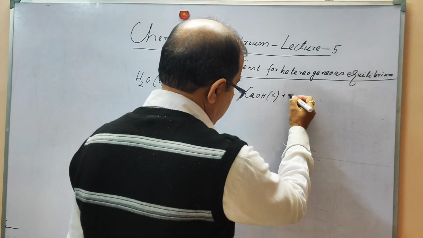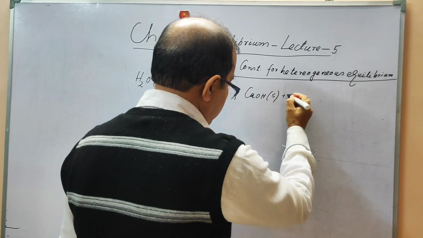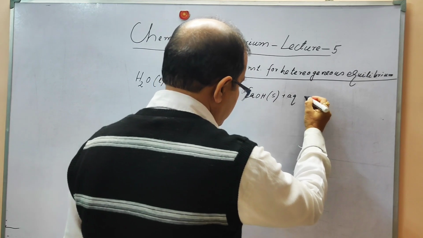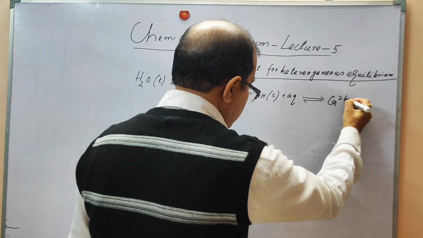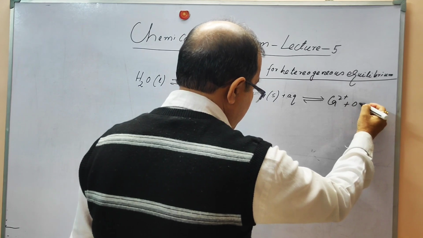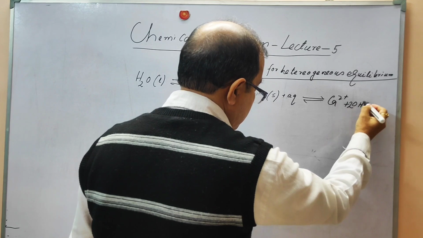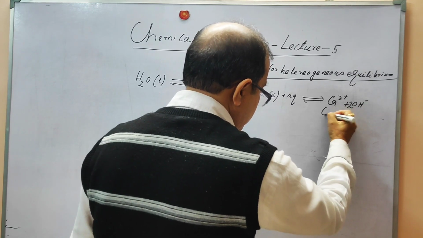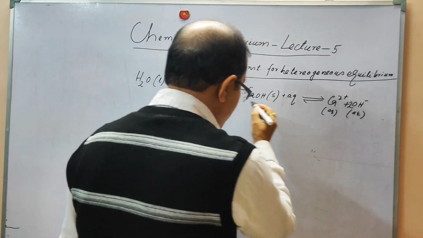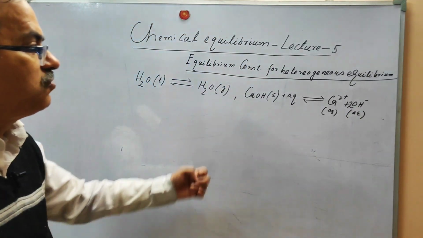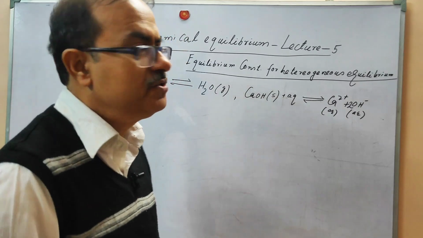It is in equilibrium with its saturated solution, where it ionizes. These ions are in the aqueous medium, while the calcium hydroxide is in the solid state and the other species are in the saturated solution state.